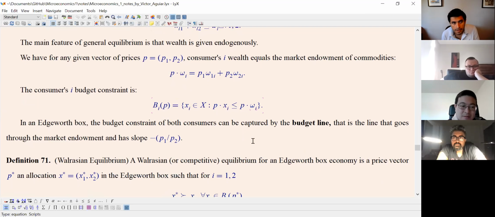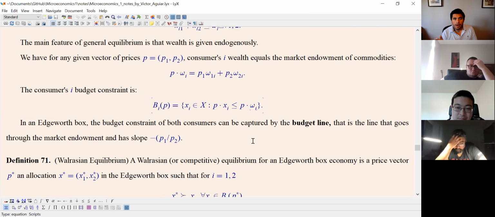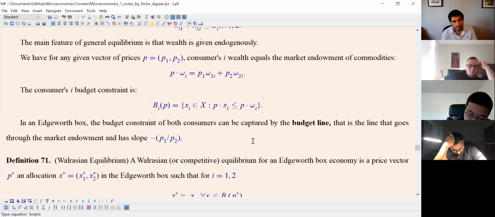So the idea is, imagine I come to this experimental setup. I give 3 apples to agent 1, 10 apples to agent 2, 7 oranges to individual 1, and 3 oranges to individual 2. Who is richer in this setup?